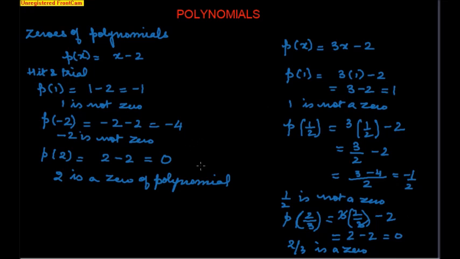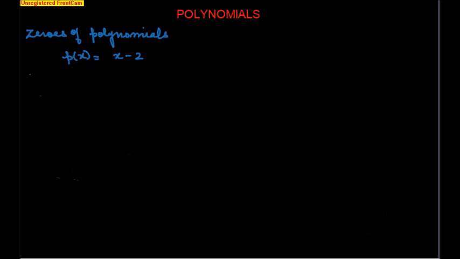So this is the hit and trial way where you can find the zeros of the given polynomial. But at times it becomes difficult to find the zero of a polynomial by hit and trial. So we apply one more method. Another way of finding the zeros is that we equate the given polynomial to 0. I keep the variable on one side and take all the other numbers to the other side.